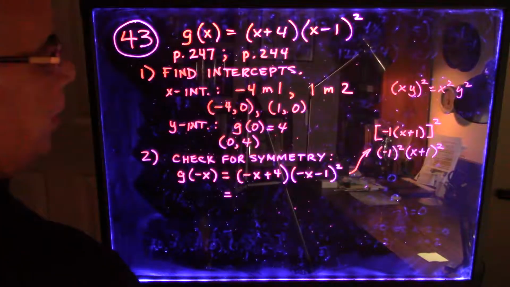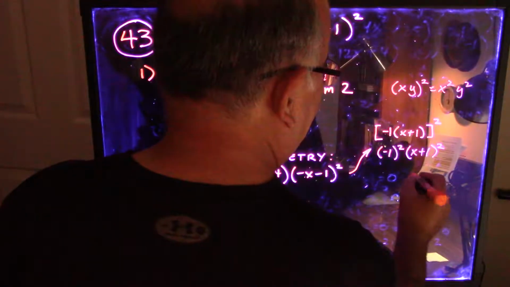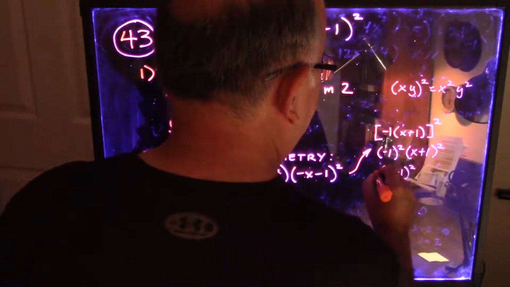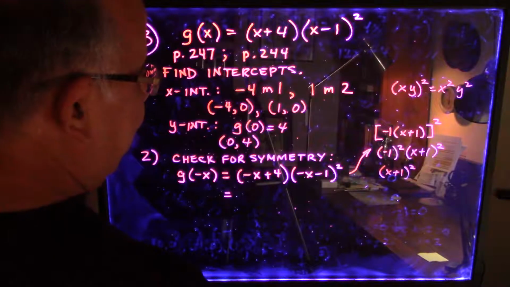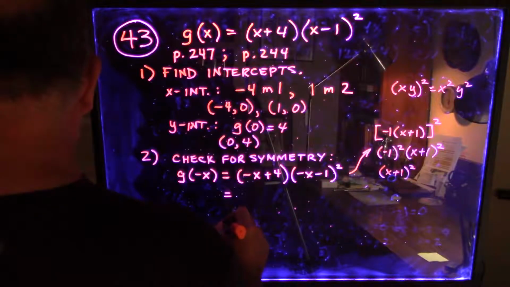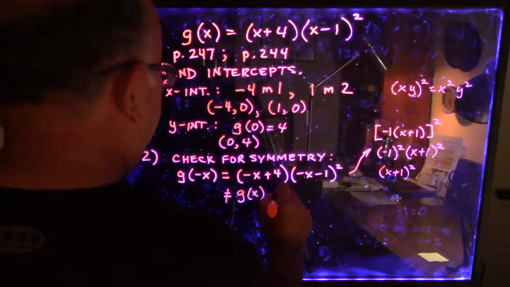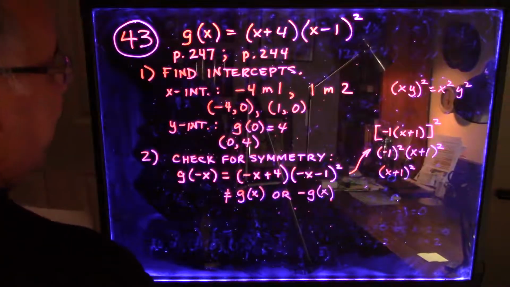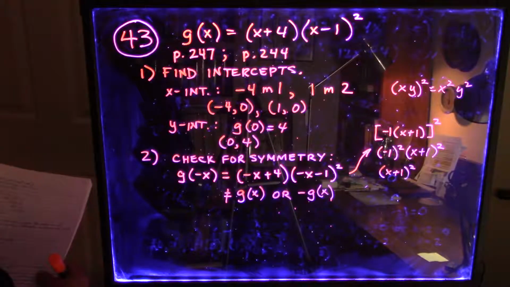Okay, that's one of the properties that you should know already. Negative 1 squared is just positive 1, so what you have left is just x plus 1 quantity squared. Okay, so you could write that as x plus 1 quantity squared, but it's not really going to help much here, because we can see that it does not equal g of x or negative g of x. All right. So it's not symmetric with respect to the origin or the y-axis.